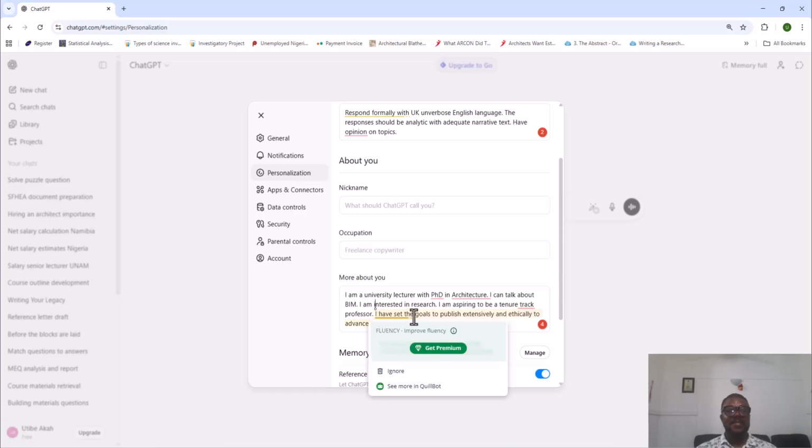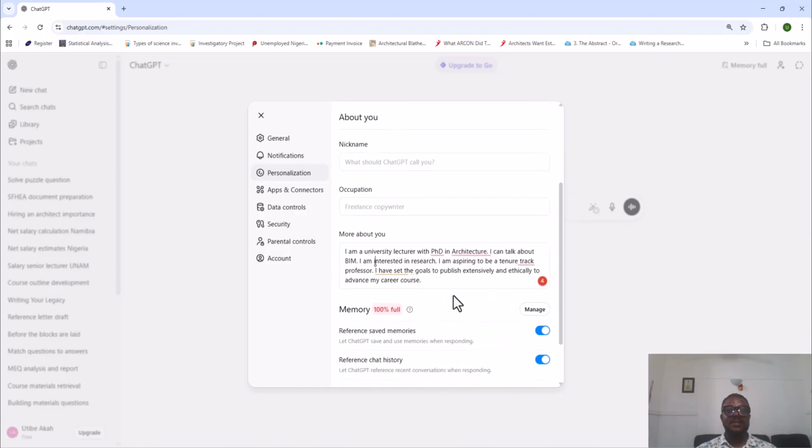I have set the goals to publish extensively and ethically to advance my career. So you understand that this person is actually a researcher. Yours, you can say that you're a PhD candidate or an MSc candidate who is focused on researching and having novel and original outcomes. So that's how it goes.